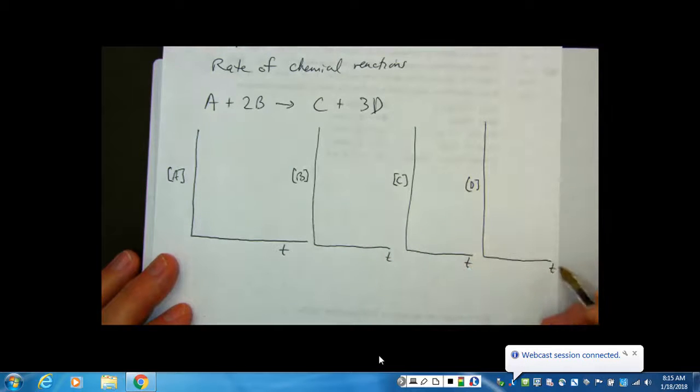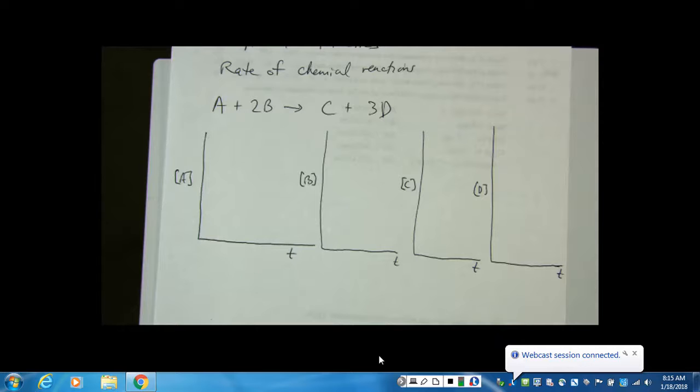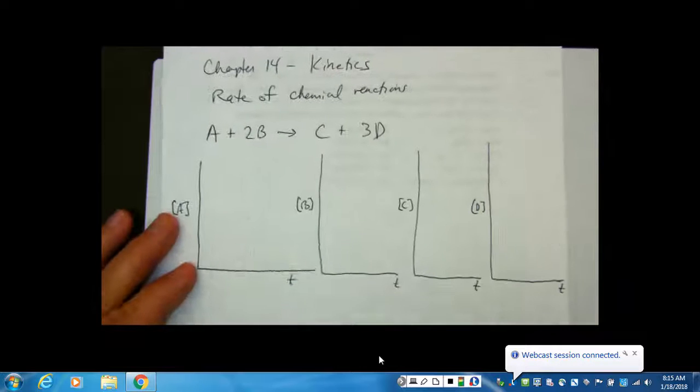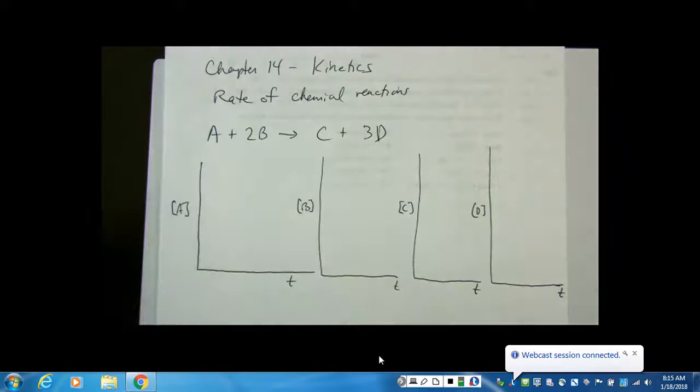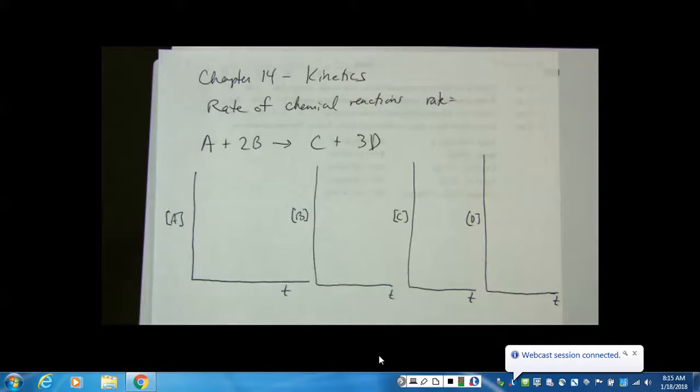We're looking at how the concentrations change with time. Let's say in physics, when we talk about the rate of, for instance, if I throw a rock across the room, we could talk about meters per second or miles per hour. That's the rate of the velocity.